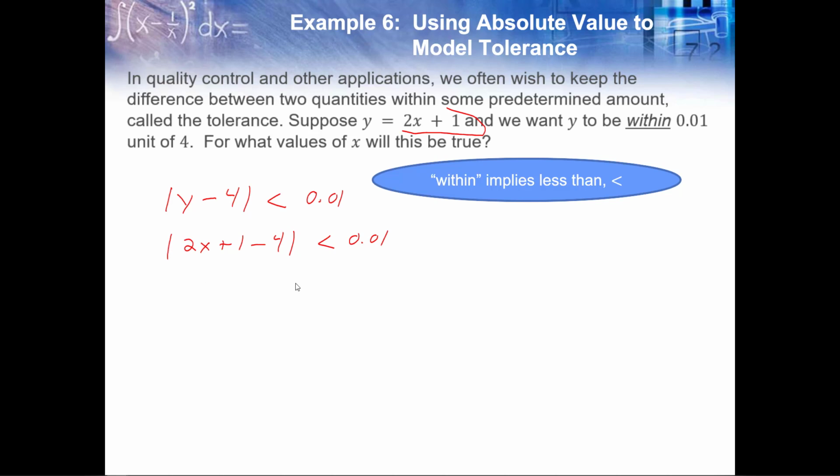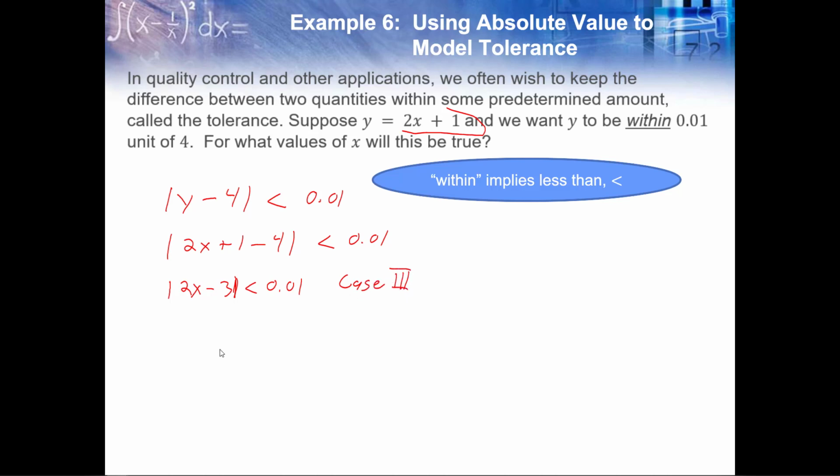We can simplify this, and we will have that the absolute value of 2x minus 3 is strictly less than 0.01.